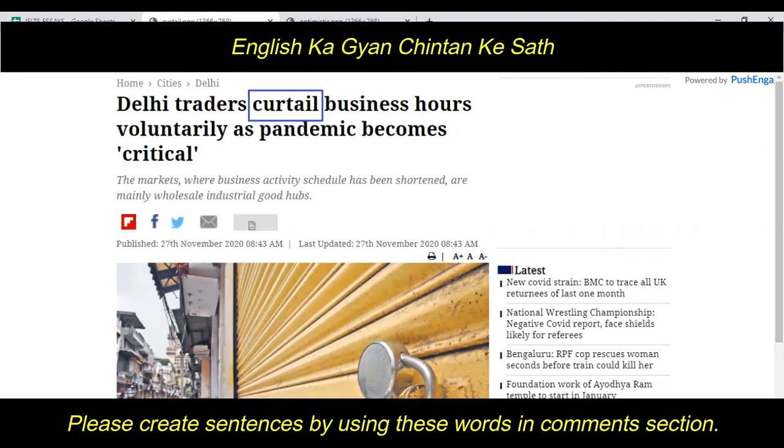And with fewer hours to work, there will be less stress, and fewer hours of traveling also. So by doing all these things, the employers are trying to help employees by curtailing the business hours, by decreasing the business hours to be safe in this pandemic time. So instead of using decrease and reduce, the headline has utilized the word curtail.